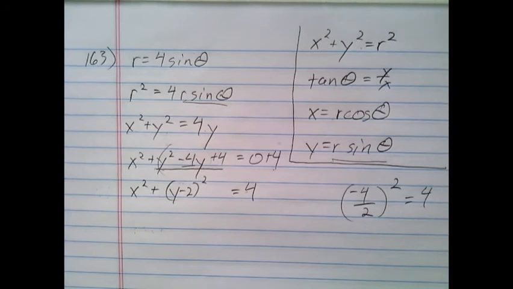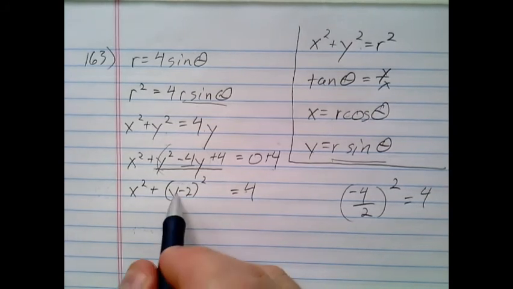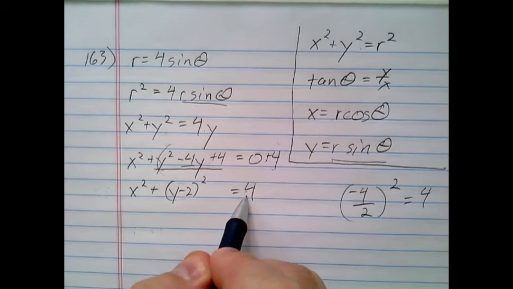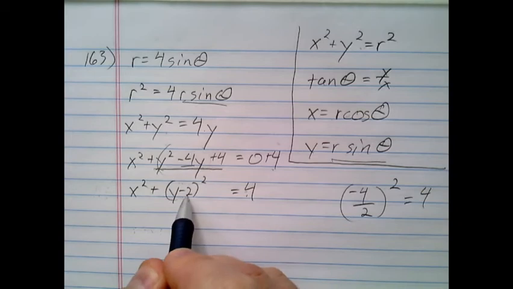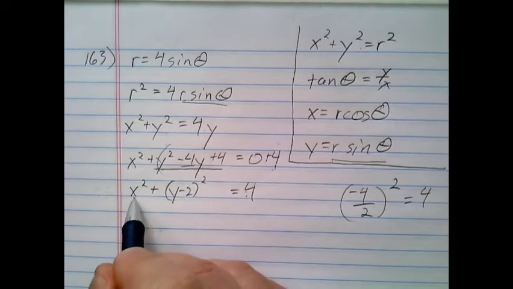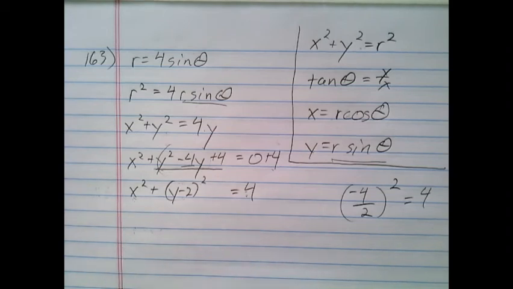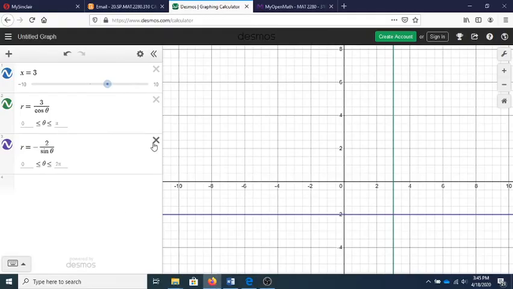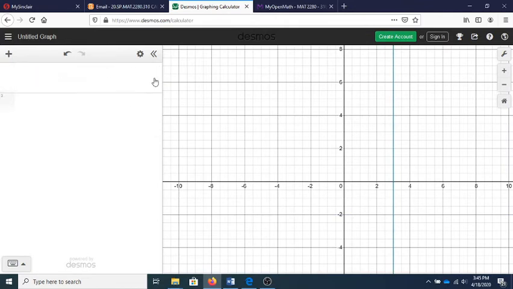And that looks right too, because if I've got y minus 2 squared, that tells me that I should have a circle with a radius of 2, and a center that's shifted up to y equals 2. But no horizontal shift on it. Let's look at this thing in Desmos and see if that all looks right. Alright, let's get rid of all this stuff.